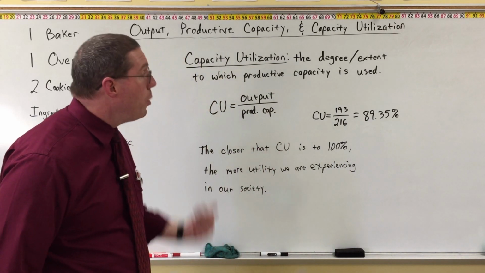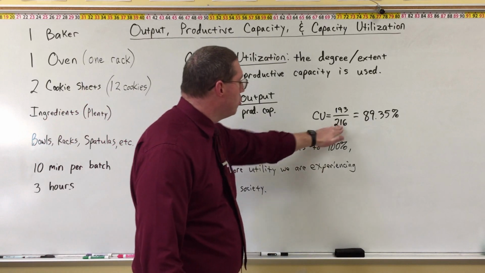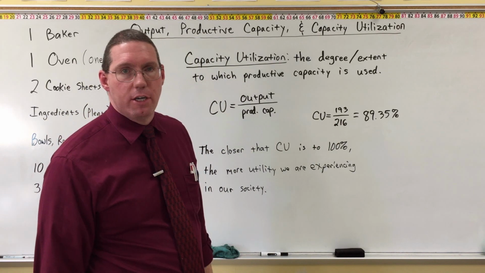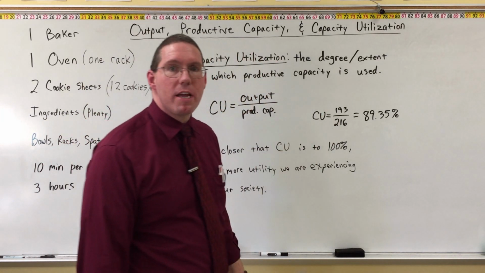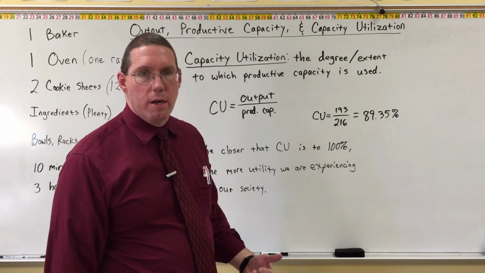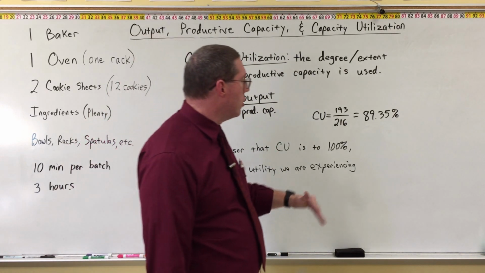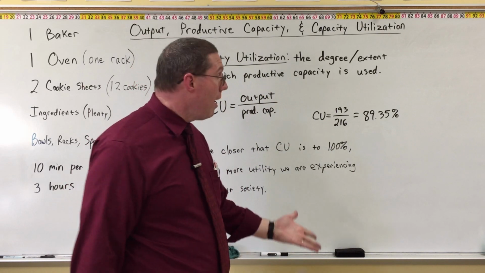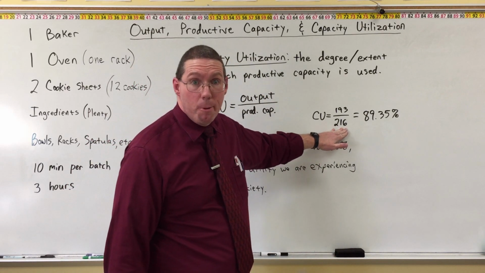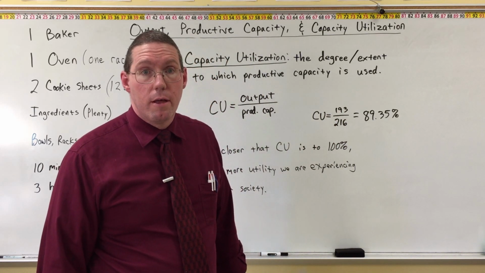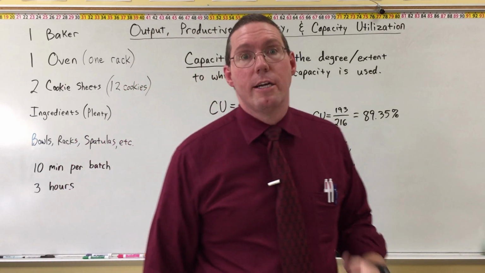We could be having 216 cookies, but we're not, we're having 193 cookies. And it could be that each person could have more cookies each if we had 216 cookies. Or what if there are 216 people? Well, only 193 people are going to get cookies, and 23 people are not going to get a cookie.